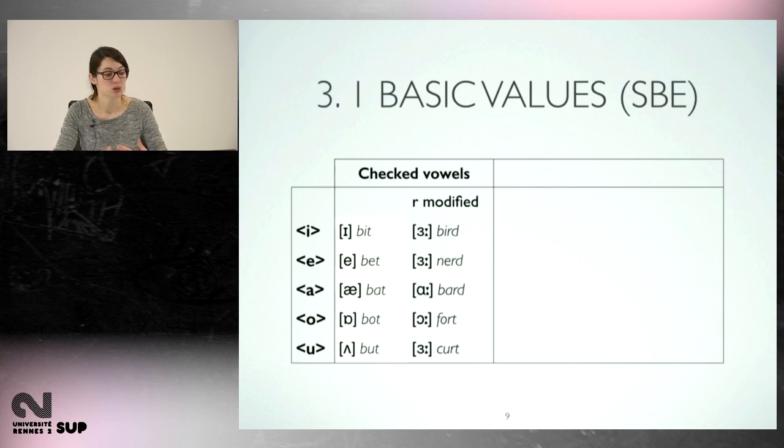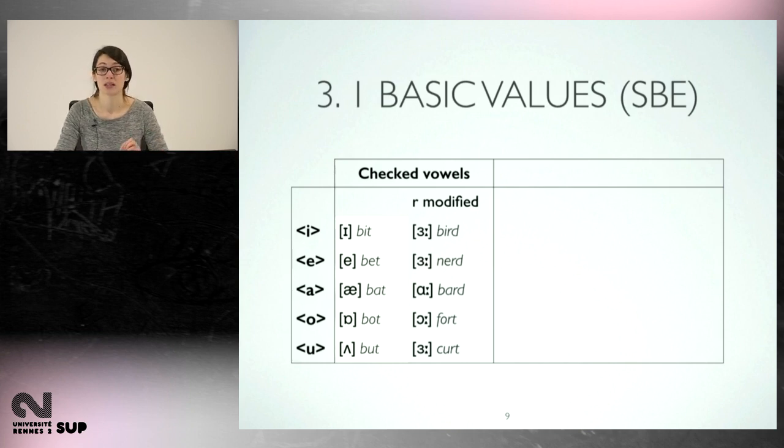In nerd, you also have an R modified checked value of the vowel E this time, which is again realized as the same vowel. For A, the R modified checked value is the vowel in barred.